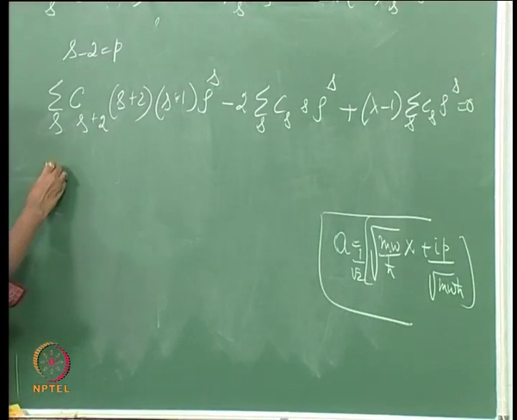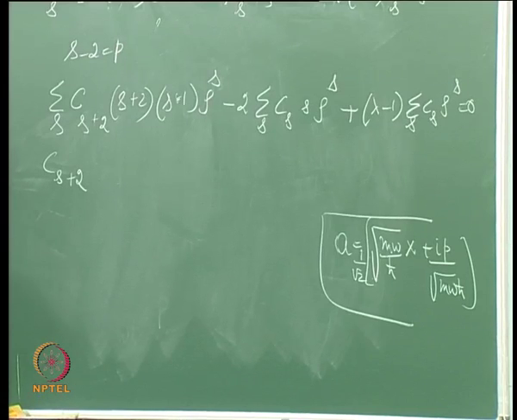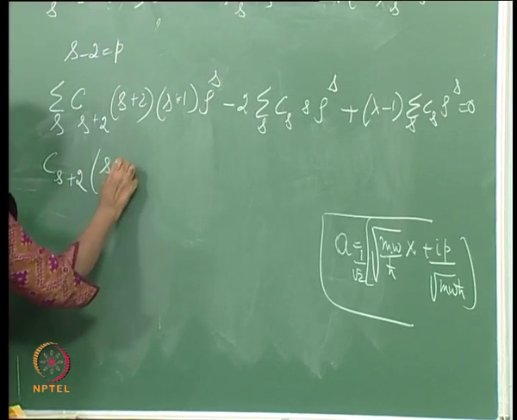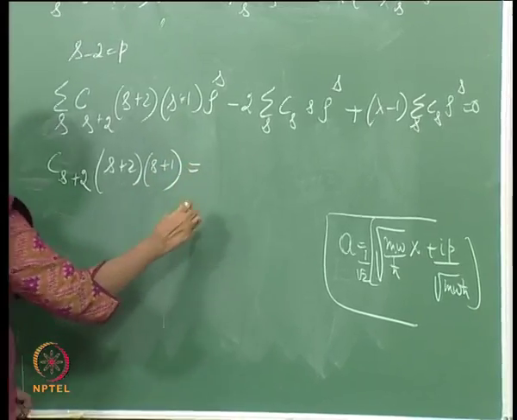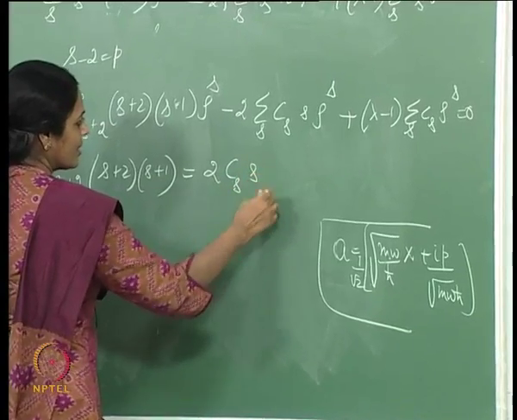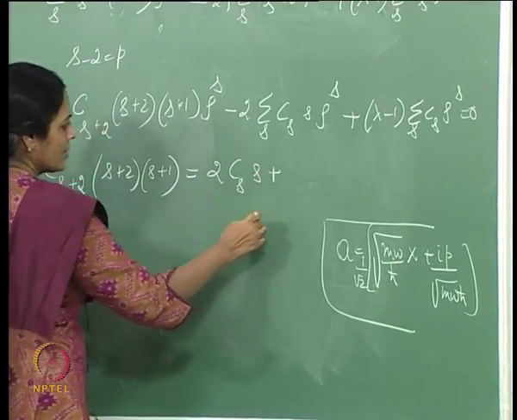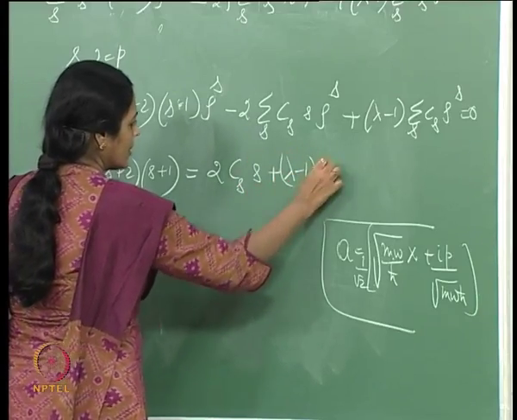And therefore I have C(s+2) for any s, C(s+2) times s plus 2 times s plus 1 is equal to 2 Cs s plus lambda minus 1 Cs.